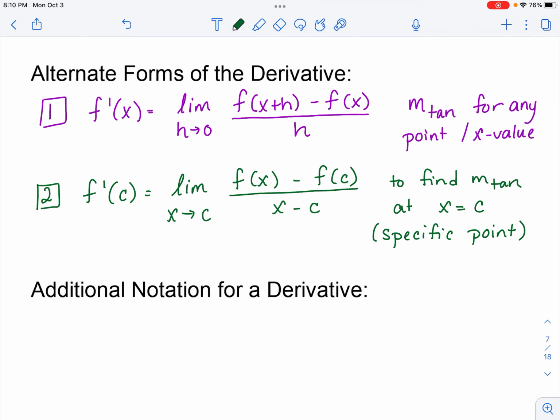So some additional notation that we need to understand for a derivative. We've been talking about f prime, f prime, f prime, but we know not all functions are listed as f of x, okay? So we can see y prime. If we see a y equals, then we'll see y prime. Or we could see dy dx, which means the derivative of y with respect to x being the variable in the function. We could also, similar to dy dx, see df dx for f prime of x.